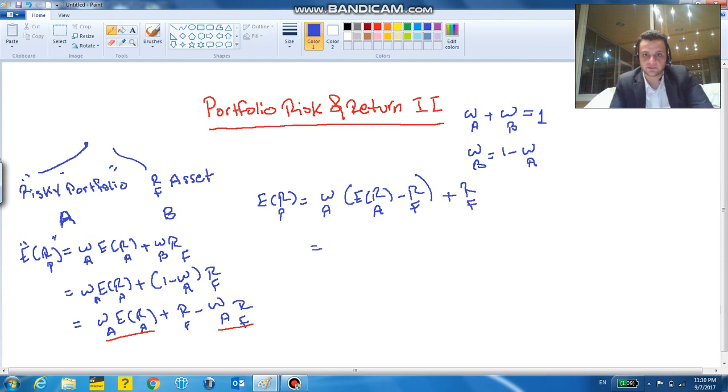I like to put the risk-free rate at the beginning of the formula, just rearranging, nothing fishy here, because it is the intercept of this linear equation. And let's put this at the latter part of the formula: expected return A minus the risk-free rate.